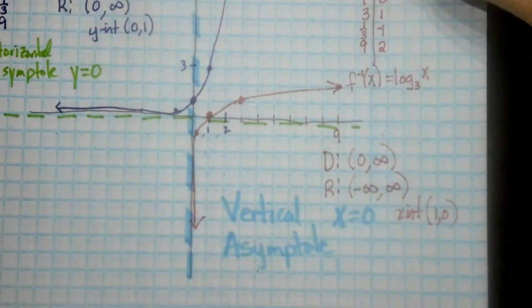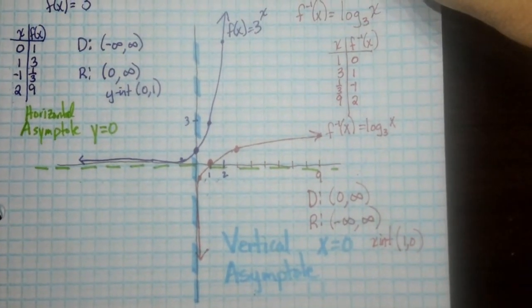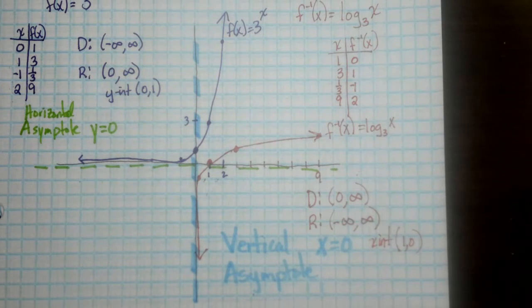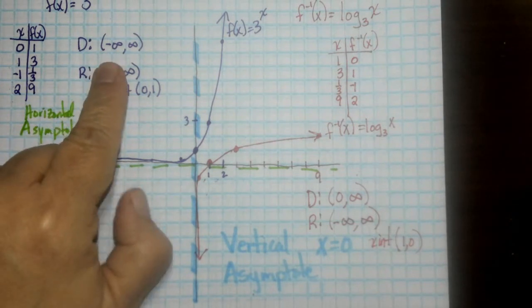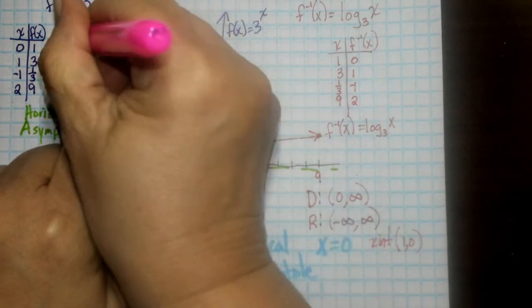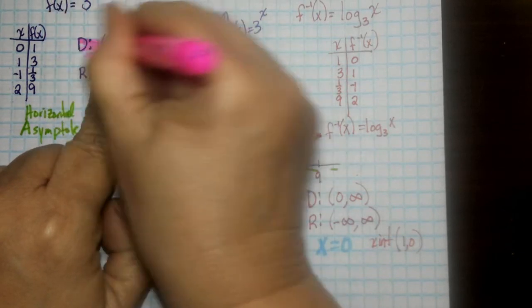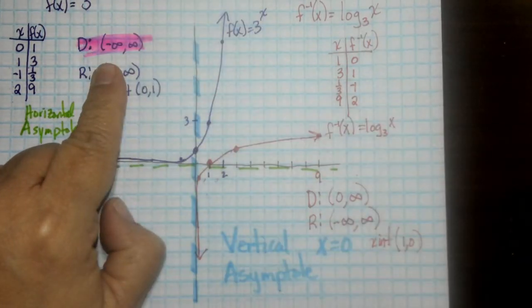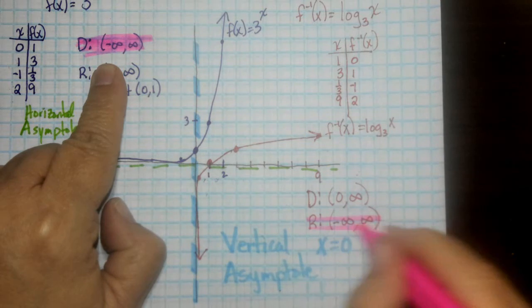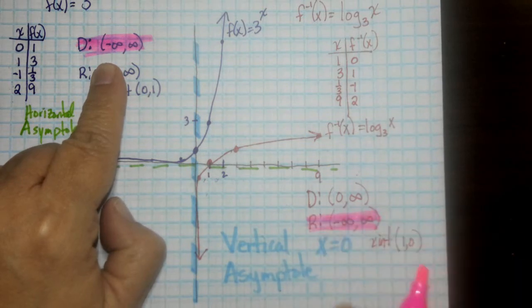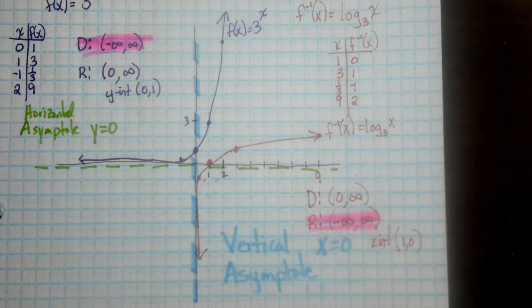Alright, so now I'm going to grab a highlighter here. Do you see that my domain on my exponential is the same as the range on my logarithmic? Right? Because on inverses, the domain and the range are going to trade.